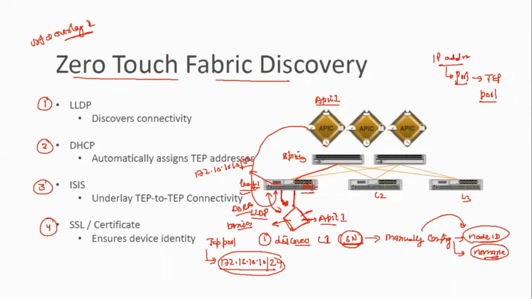Now what will happen? Because this leaf, 101, is connected to spine 1 and spine 2, the LLDP process will happen on the directly connected interfaces of that 101 leaf. Once the LLDP process happens, epic will discover your spine 1 and spine 2 serial numbers.